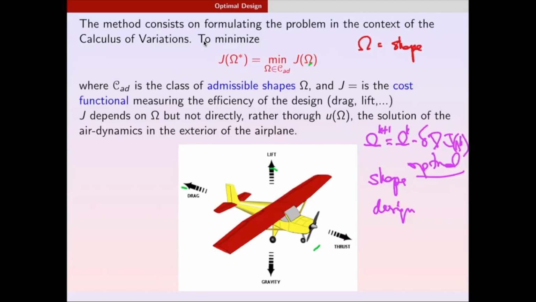Why? Because basically, all producers of cars are using the same functionals in order to optimize the shape of the car.